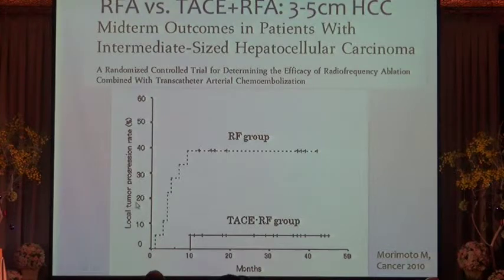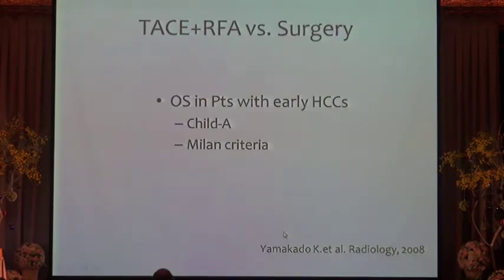They compare the local tumor progression rate between RF ablation alone and the combination therapy in patients with HCC measuring 3 to 5 centimeters. The result is very clear. The local tumor progression rate is significantly lower after the combination therapy.